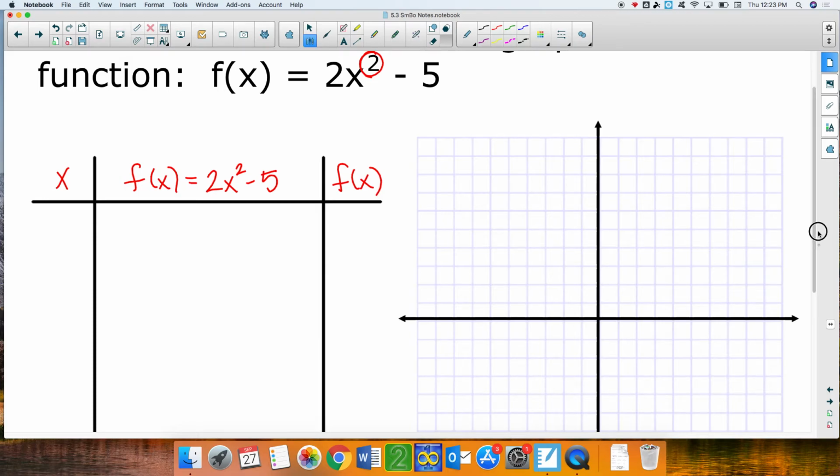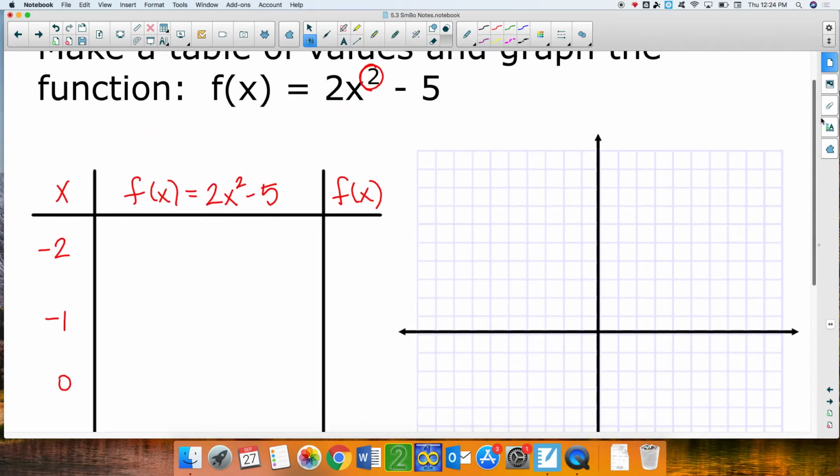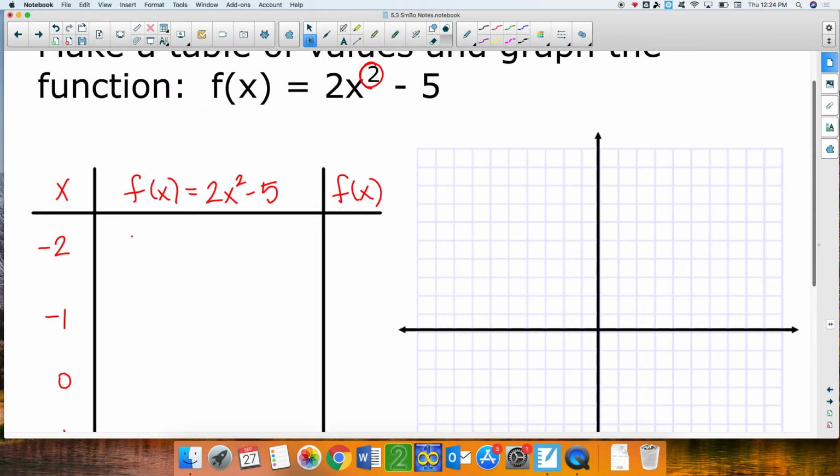And then we're going to plug in -2, -1, 0, 1, and 2. Okay, we're going to start with -2. Now remember, when you are plugging in values, you need to plug it in parentheses. So I'm just going to write these down here, and then you can have your calculators ready.